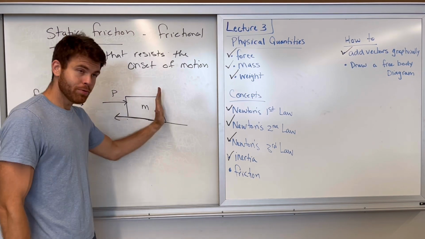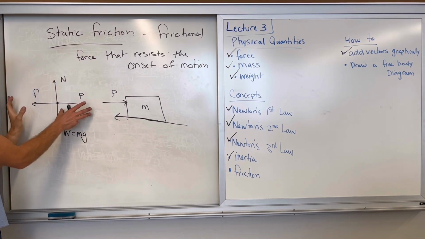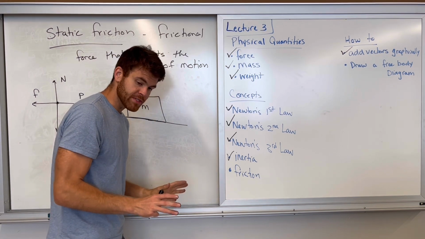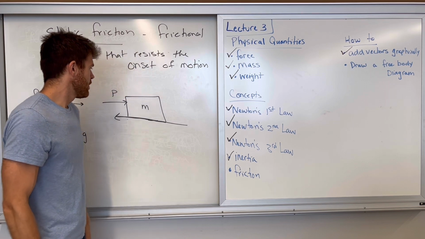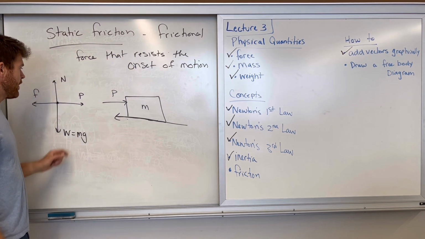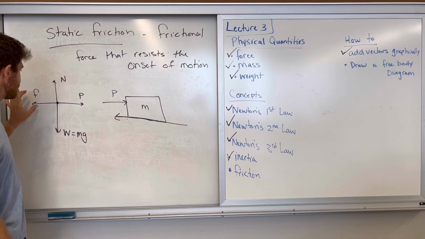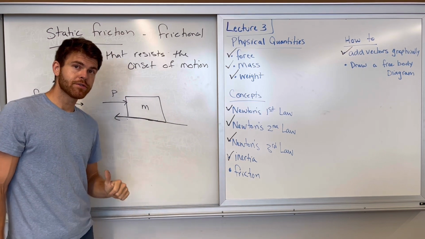And the harder I push, the larger this static frictional force becomes to counteract it and keep it in place, because that's what static friction wants to do. So if I push it with a force of 5 newtons, and it's not moving, that means the static frictional force is equal to 5 newtons, directed in the opposite direction.